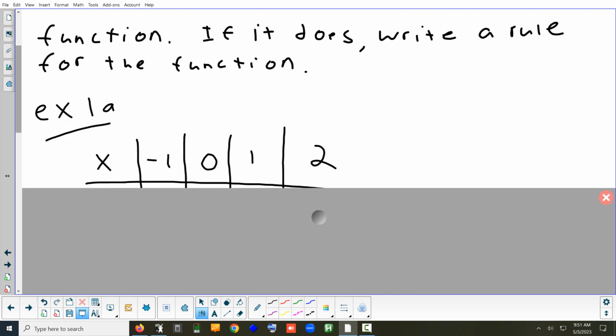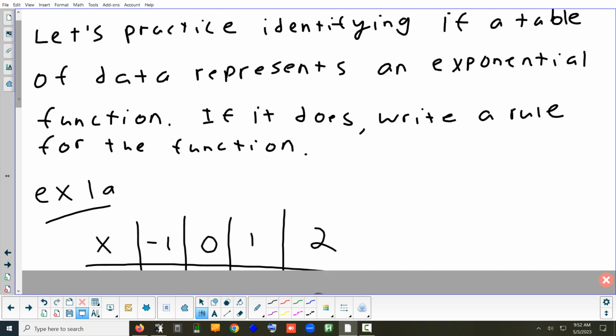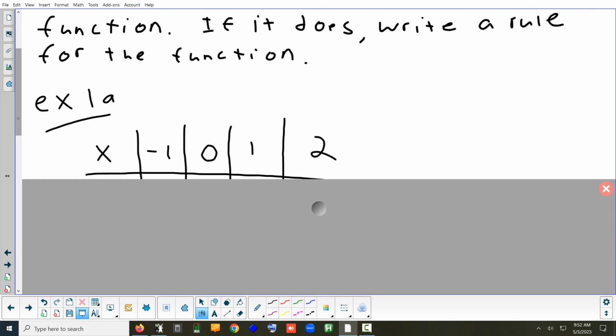All right, let's look at this one. So example 1a. Those are the x values. -1, 0, 1, and 2. Is that enough information to figure out if that represents an exponential function? What do you think?